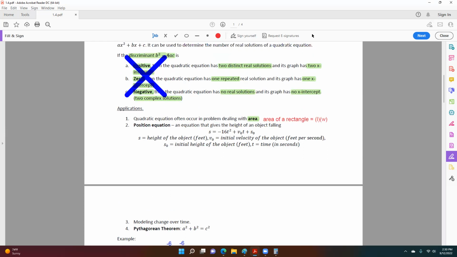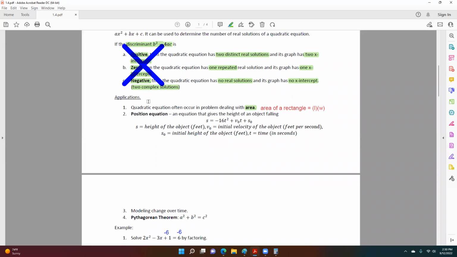Another type of application problem is what we call a position equation. Now, what is a position equation? A position equation gives the height of a falling object.